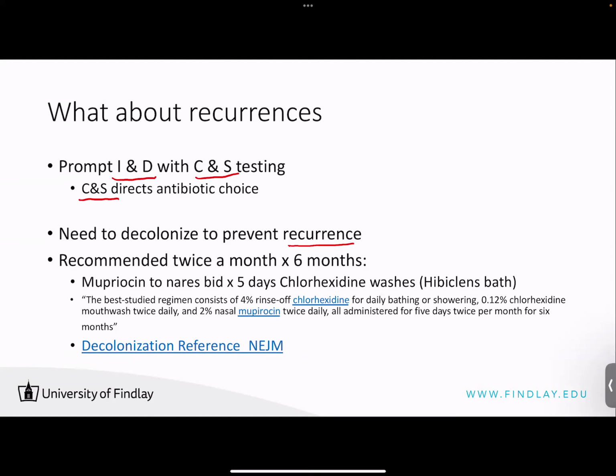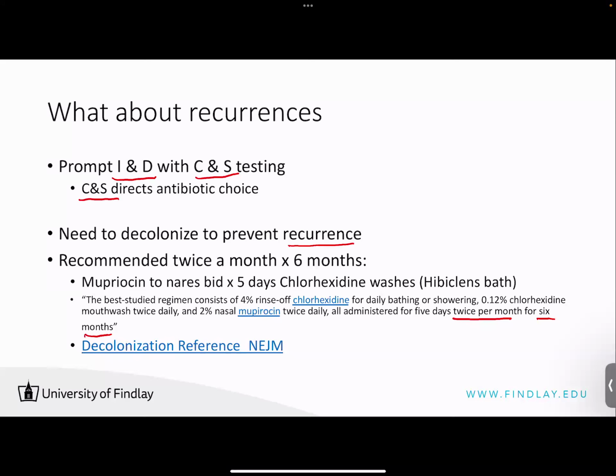And really what you need to do is make sure that that patient's not going home back into an environment where the MRSA is just hanging out, waiting for them. So appropriate cleansing of the linens and the house, and then this decolonization protocol, which is twice monthly chlorhexidine and mupirocin. So twice per month for 6 months.